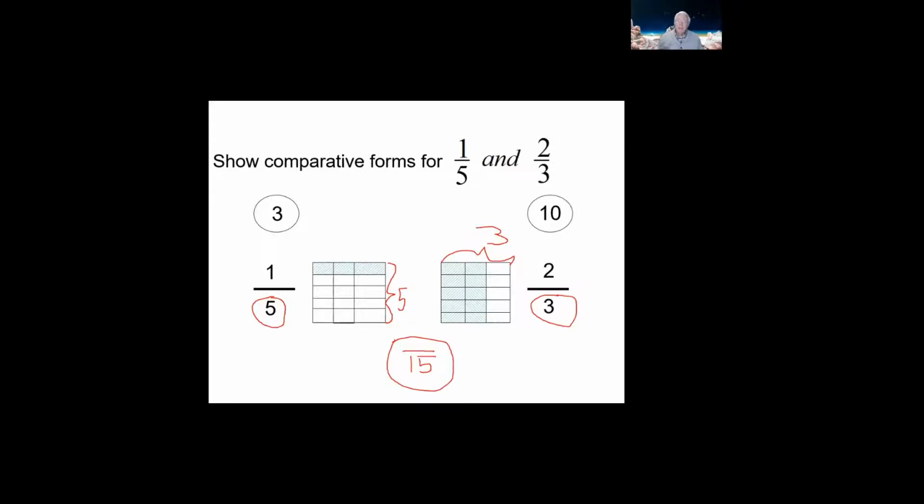So when we create the comparative form, let's see what we have going on here. We're looking at this rectangle that we're creating. It's 3 in one direction, and it is 1 in the other direction. Well, where is that coming from? Well, let's take a look.